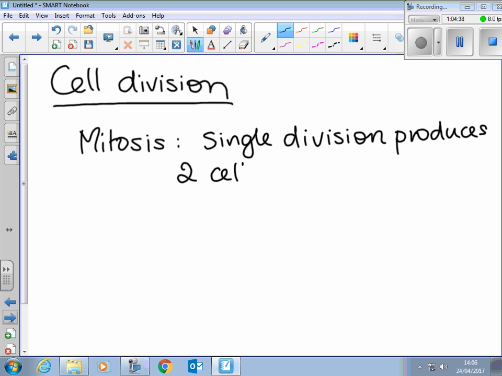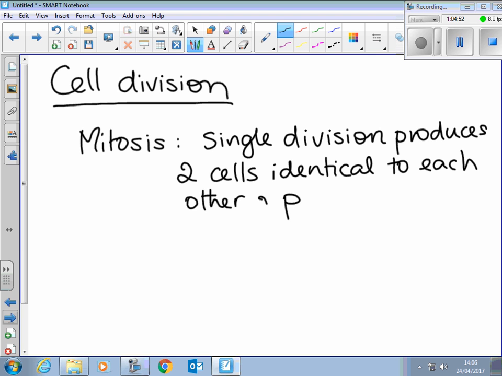Well, the cells are identical to each other and the parent cell. So this one is for growth and repair.